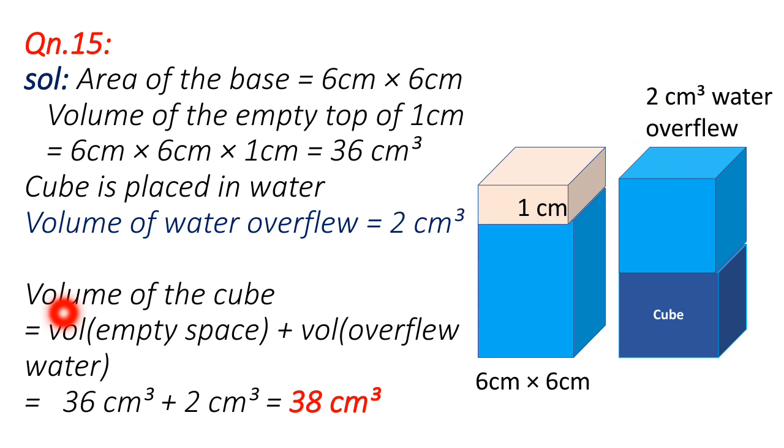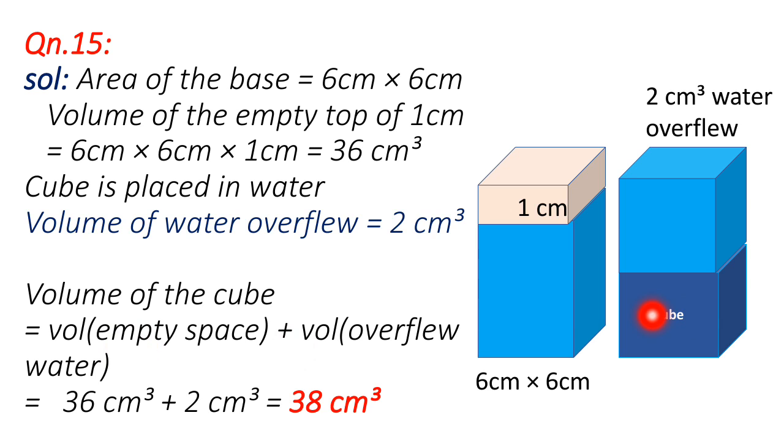So here you can see the volume of the cube is equal to the volume of the empty space plus the volume of overflow water. So we have the volume of the empty space is 36 centimeter cube, and the volume of water that overflows is 2 centimeter cube. So the sum is 36 plus 2 is 38 centimeter cube. So this 38 centimeter cube is the volume of that cube.